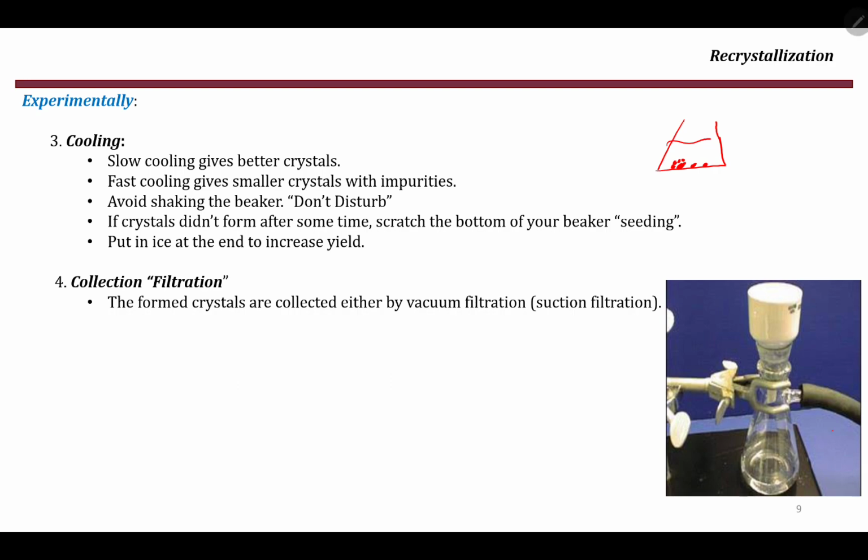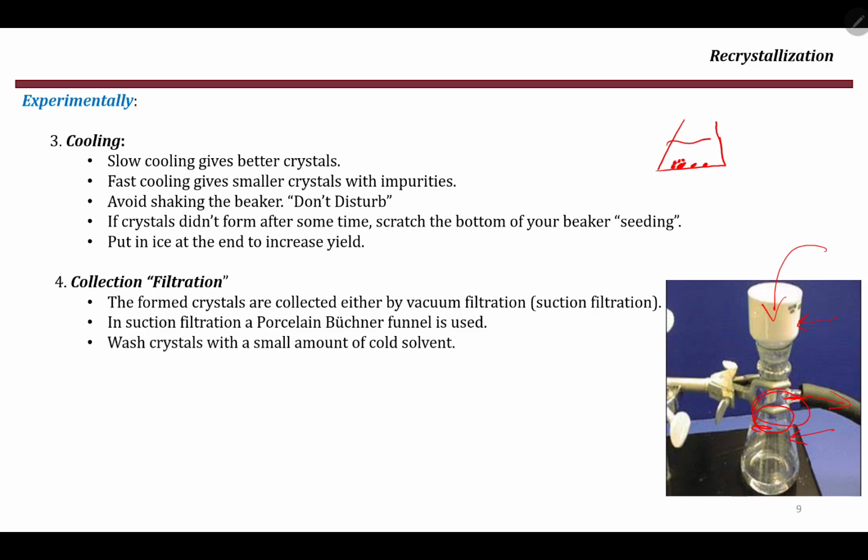So we have an Erlenmeyer flask which has a side arm, and then we have a vacuum pump to create some vacuum here. This vacuum will help the solvent which is poured here to go down quickly. So this is a fast process. This is called suction filtration. In suction filtration, we use this funnel which is called the Buchner funnel instead of the short stem funnel.